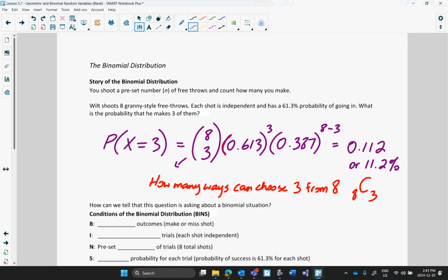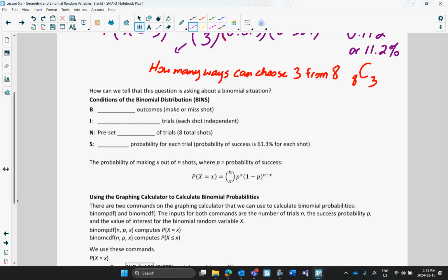It depends on the whole form. It doesn't mean the same thing every single time. Yes, it depends whether you're talking about a geometric or a binomial distribution. Okay, thanks for sharing.